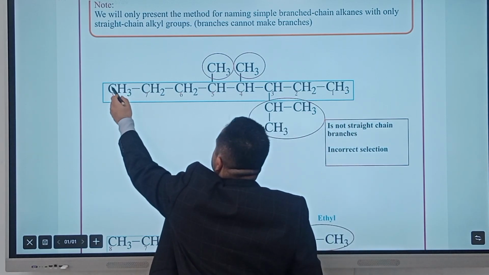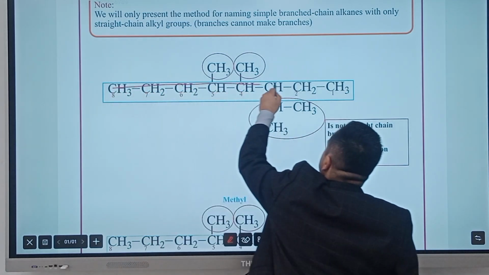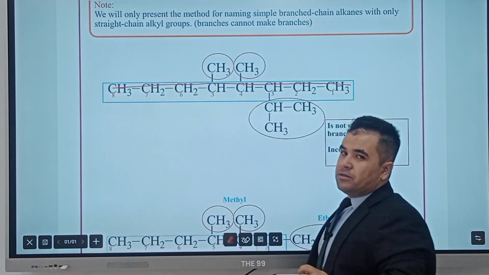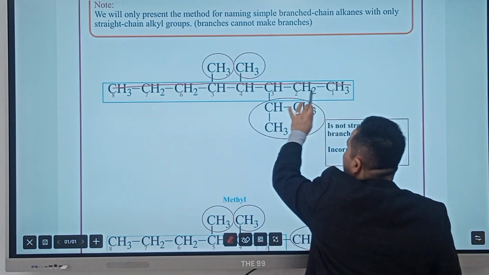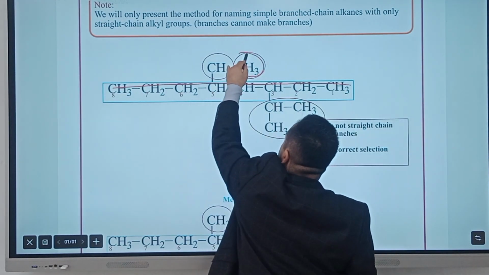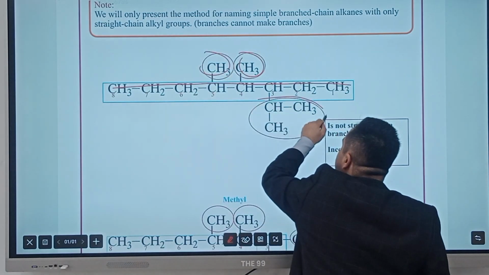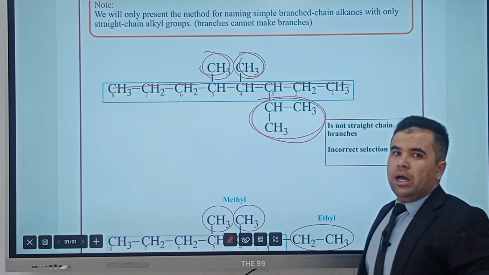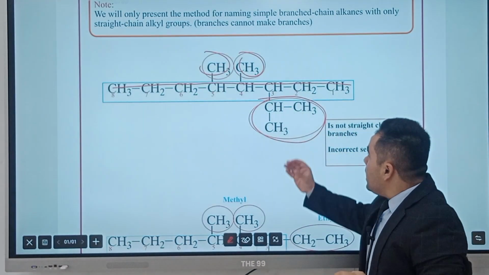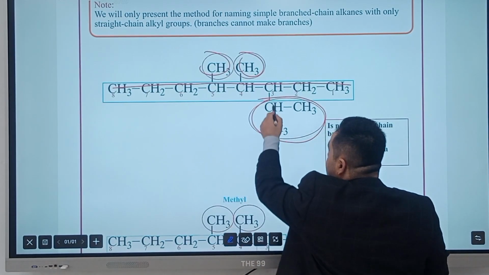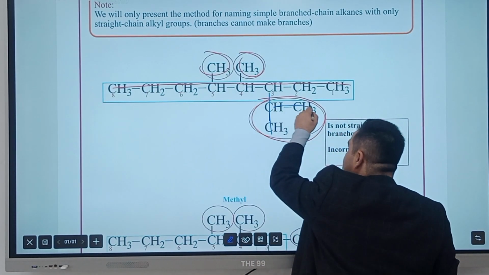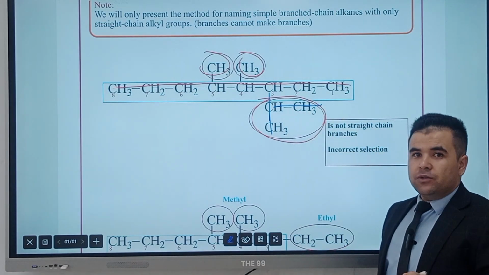If you notice, guys, this selection is 8 carbons. Okay, if we select this as a parent, we have got CH3, and this structure as the branch. Guys, as you can see, notice that this branch has another branch. It's not straight.